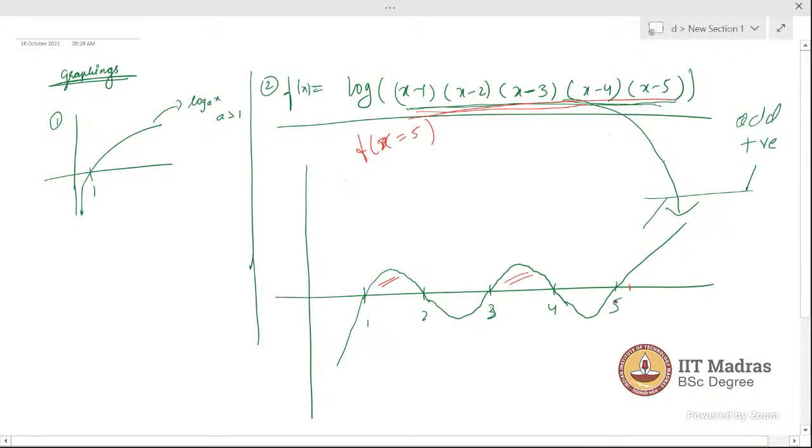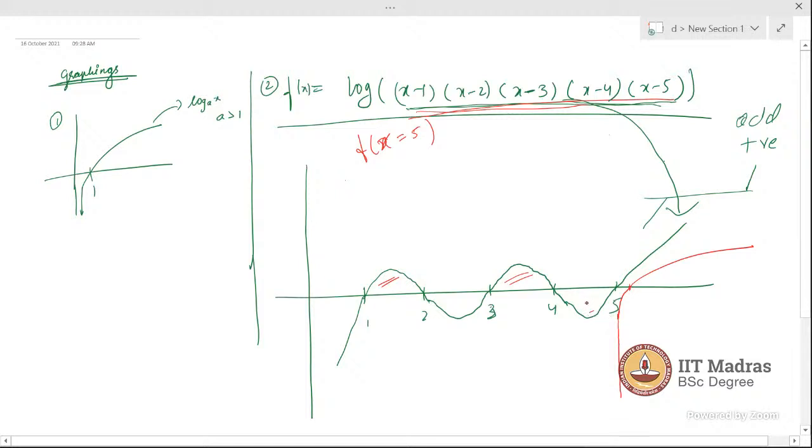Oh, right. So log 0 is not defined, so that will go something like this. And after here, should it go this way or this way? It is increasing, right? So it has to go this side. And I know for this part my f of x will not be defined because this is negative, right? So I don't have to worry about the values between 4 and 5. But what about log 5?